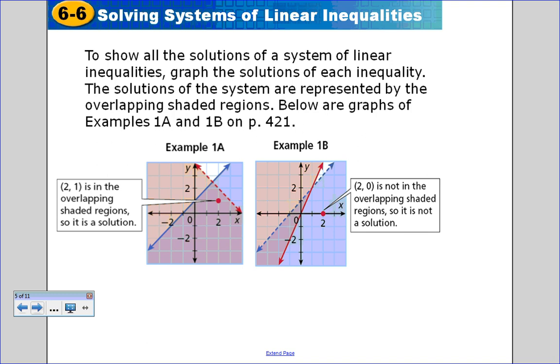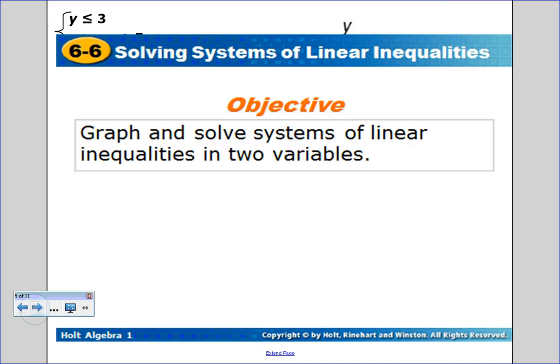So as you can tell, they've graphed these lines here, and they've shaded, just like we did when we graphed our inequalities, what it said was true. Where these two shadings overlap, if your given point lies in the overlap, it is a solution. Let's find out what that really means.